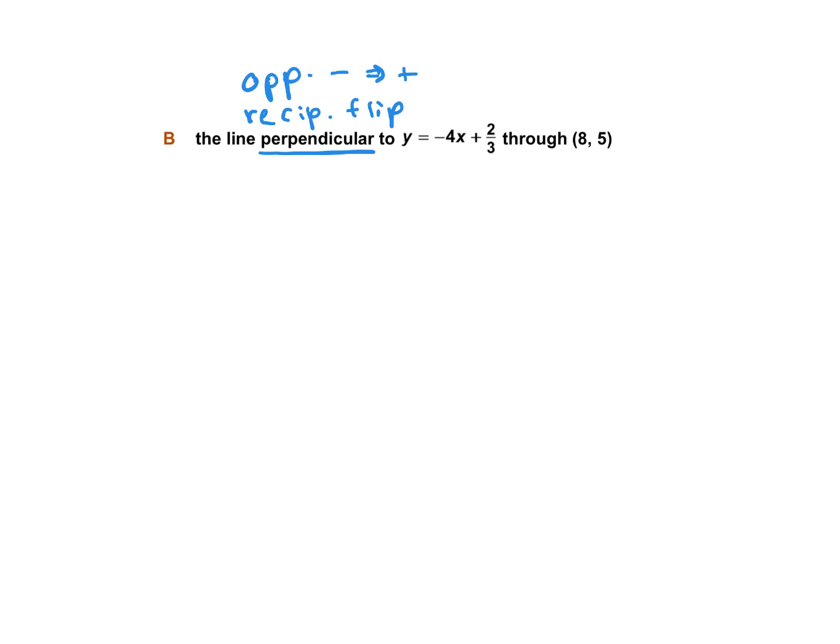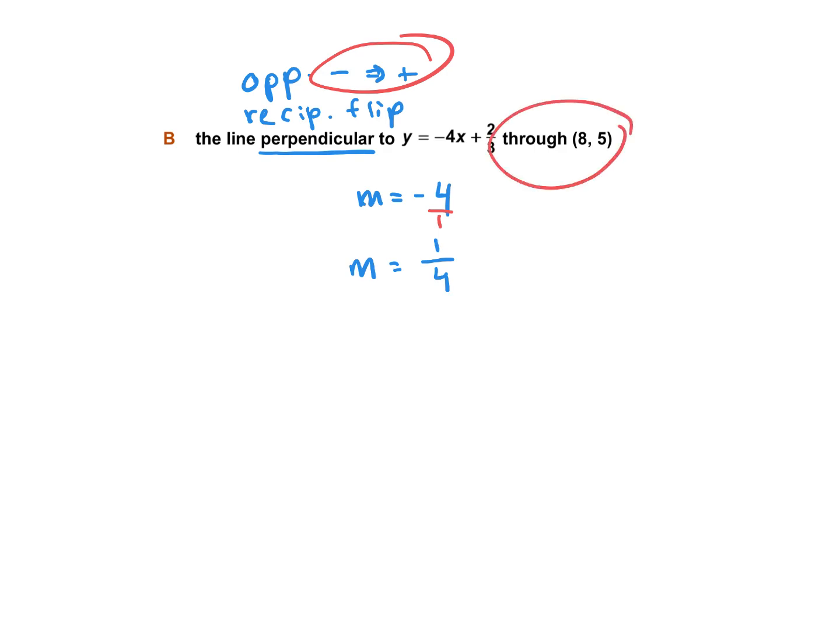So -4 is our slope, but we want to take the opposite reciprocal of it. So our new slope is going to be positive 1/4. Since this 4 is technically 4/1, we flip it to become 1/4. And opposite means that we change the sign, so it becomes positive.